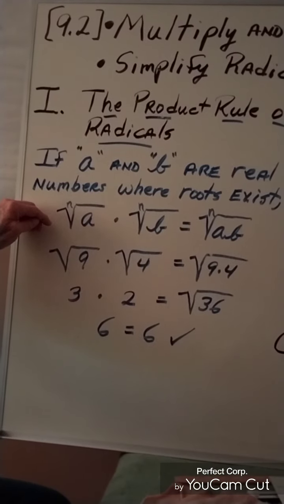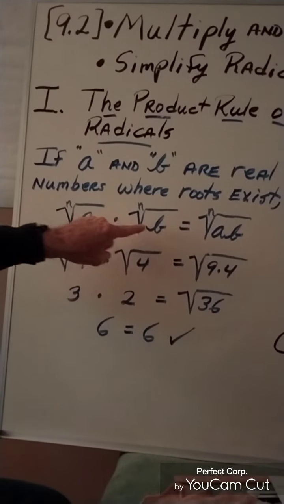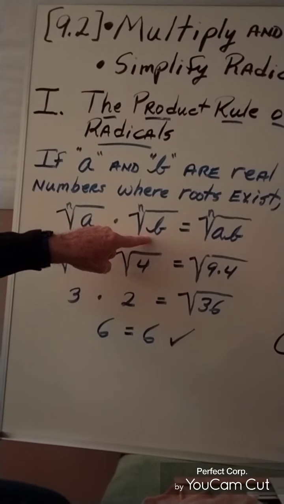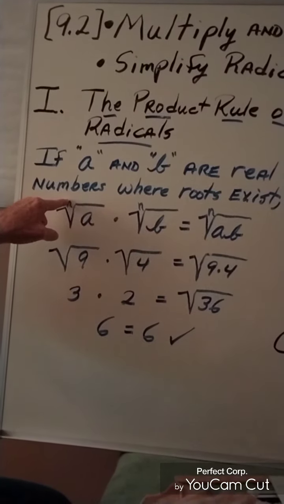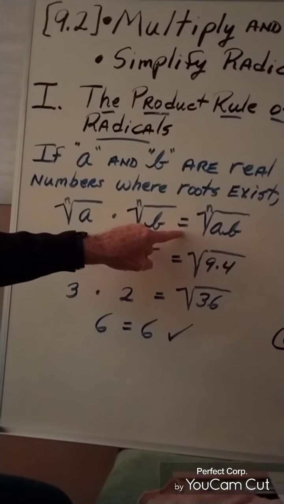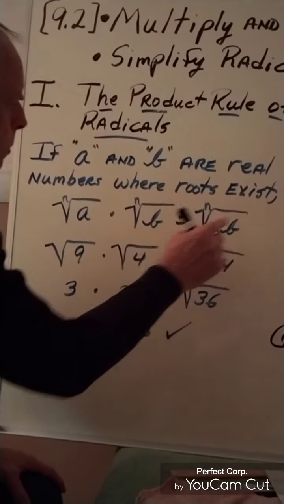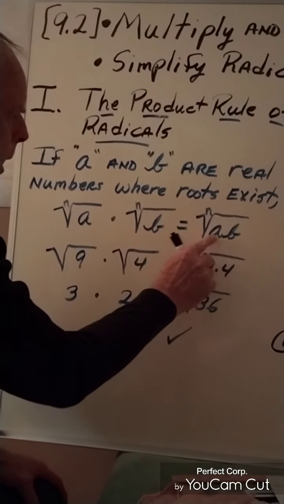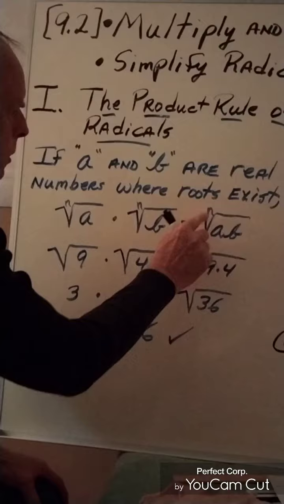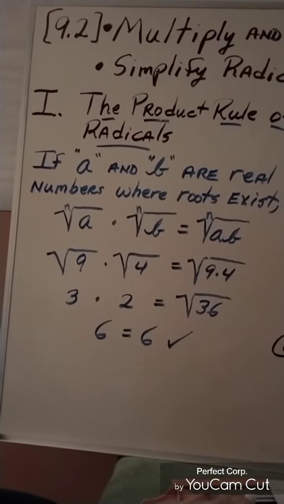It lets us know when we multiply two radicals together that have the same index, it will always equal the nth root of their product.